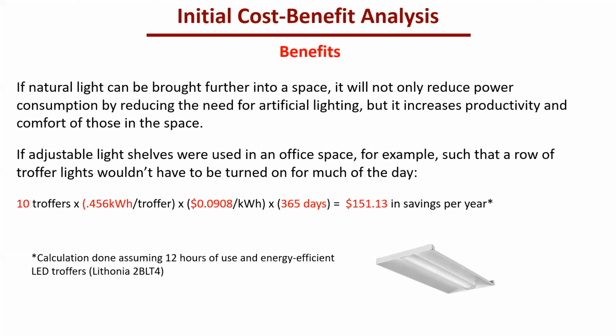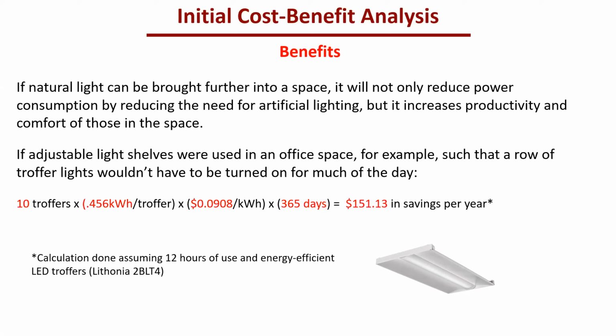So if you have a space that is using old fluorescent troffers, with fluorescent tubes in them, you'll be seeing savings that are 3 to 4 times this much. If you have a space that's being lit incandescently, like a residential space, like some of those simulations we showed earlier, which very commonly use incandescent bulbs that are very energy hungry, you can see massive savings.